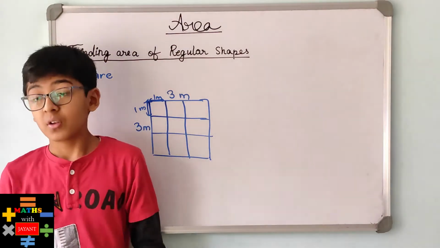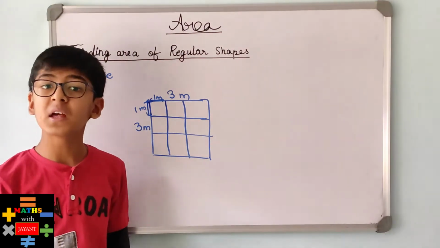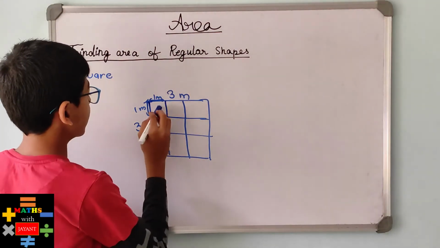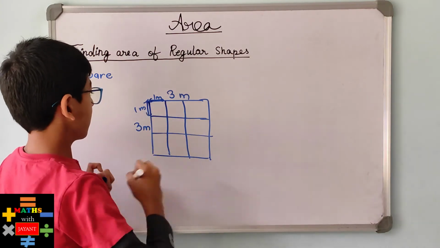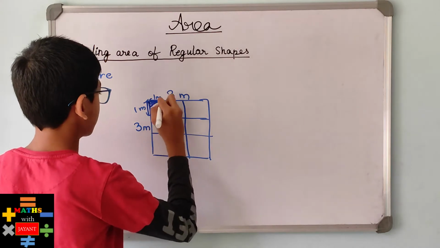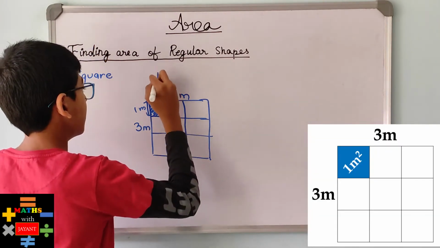Now, if this is 1 meter by 1 meter, what would be the area of one of these small squares? Over here, this 1 meter by 1 meter square, its area will be 1 meter square.